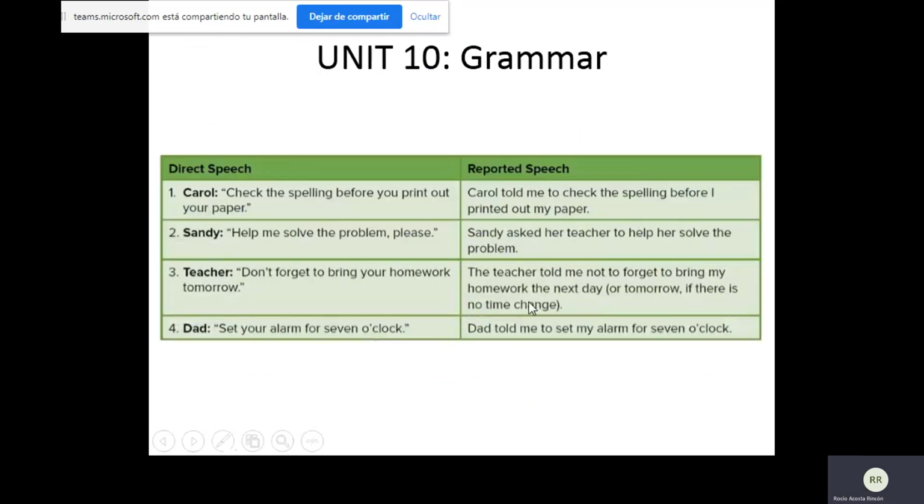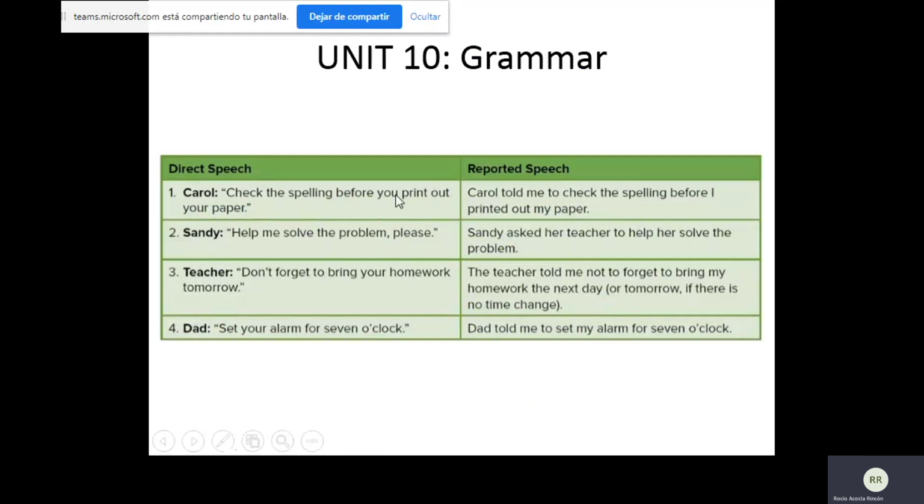Okay, now here we have some expressions in which we are talking about direct speech and reported speech. One way to express it is that we describe directly the person. For example, Carol, and she says, check the spelling before you print out your paper. This is like the imperative form, right?